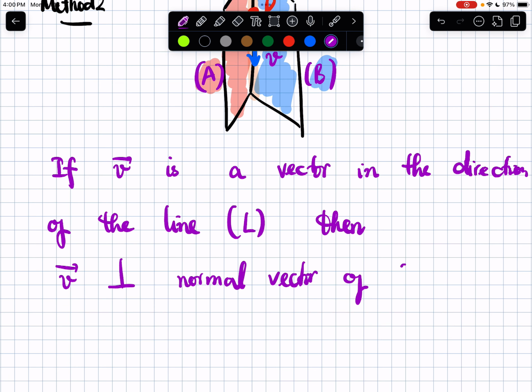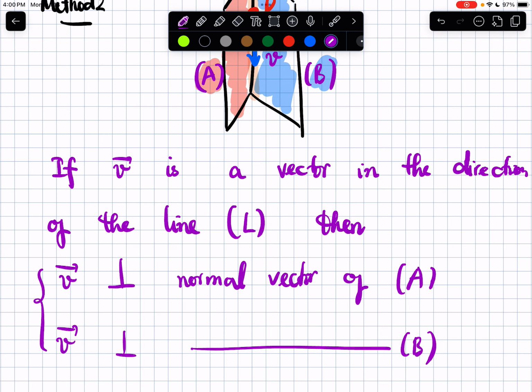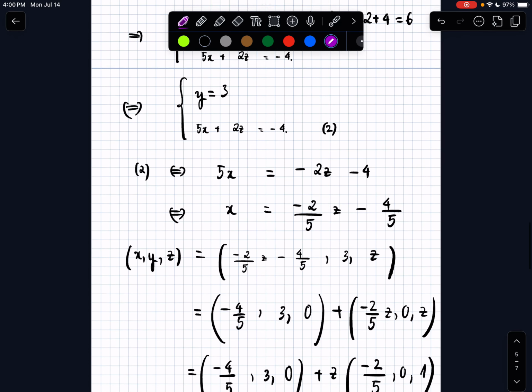V is perpendicular to the normal vector of A and perpendicular to the normal vector of B.